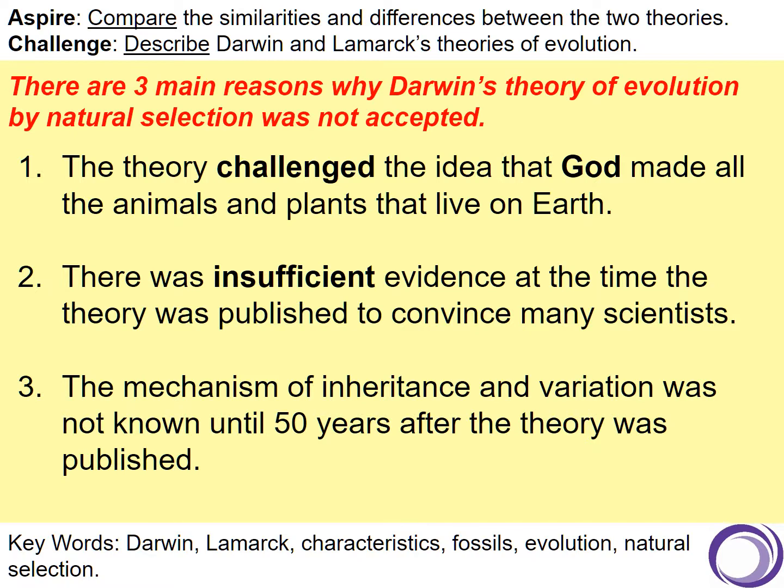So what happens is the organisms then that have these desirable characteristics and reproduce will pass on the genes for these desirable characteristics to their offspring, and over generations the species will evolve due to natural selection.